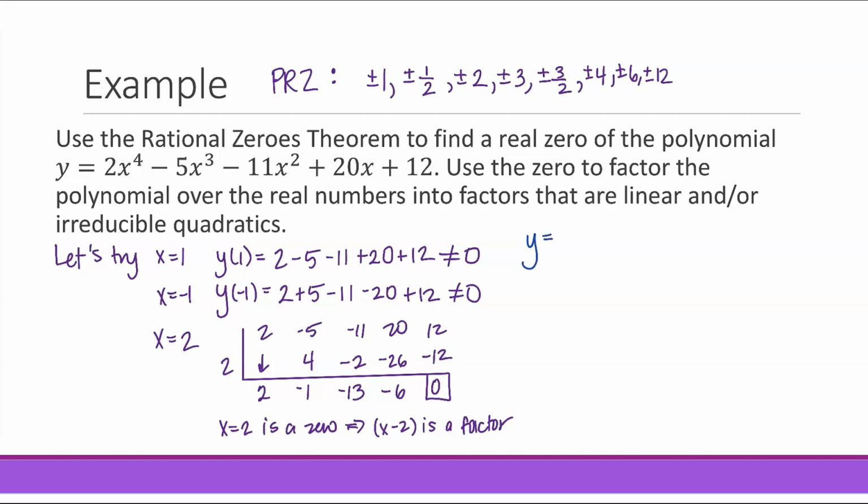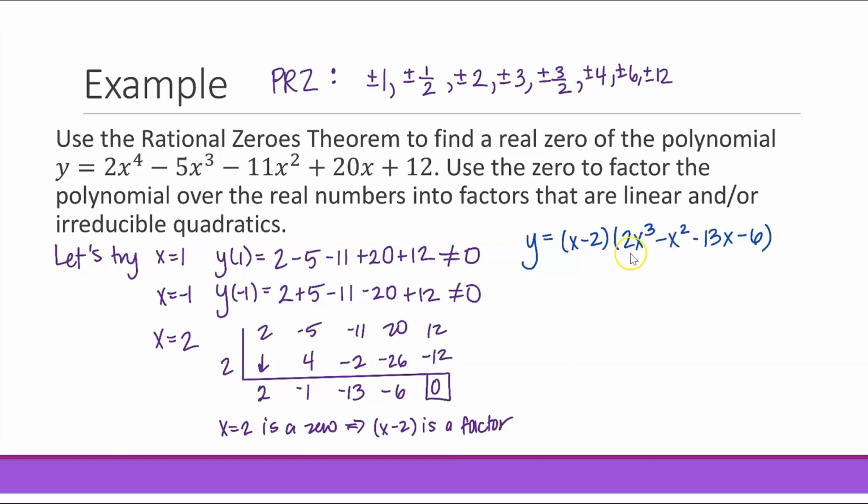We have that y, that was the name of the function here, is currently factored to x minus 2. And then because it was a degree 4 polynomial, this 2 has to go in front of x cubed, a degree 1 less. So 2x cubed minus x squared minus 13x minus 6. So this is where I'm at so far, and now I have to keep going.